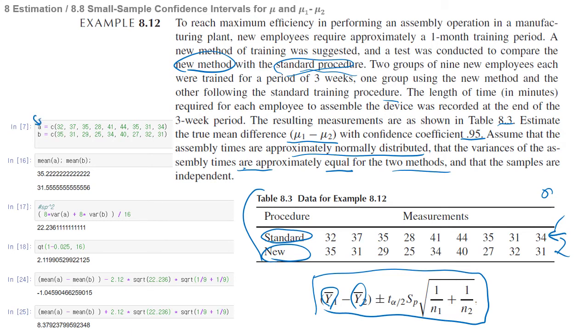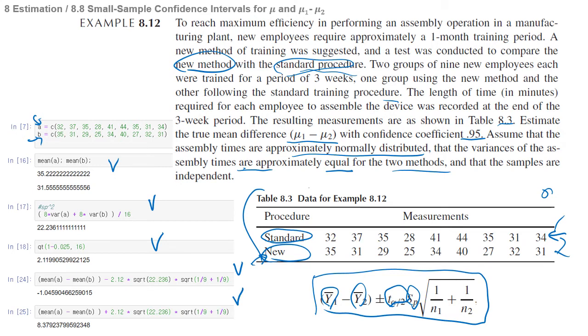In this example, I put them in A, and for new treatment scores, I put them in B, and you can calculate using the R function, mean A or mean B, like this. And also you can calculate the pooled estimate SP using the formula and using R commands in here. And also you can calculate t alpha over 2 using the qt command. And then at last, you can calculate the lower bound here and upper bound here.